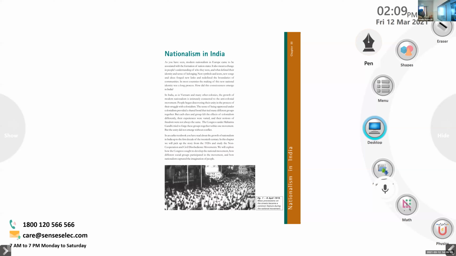Here it is, Nationalism in India. As you have seen, modern nationalism in Europe came to be associated with the formation of nation states. It also meant a change in people's understanding of who they were and what defined their identity and sense of belonging.